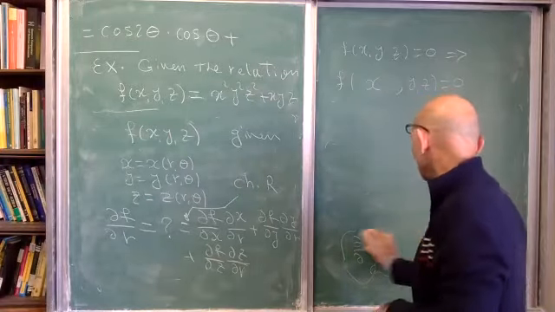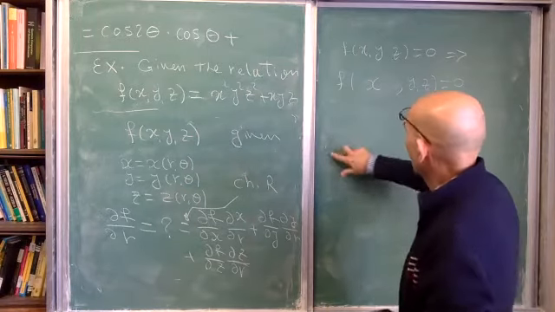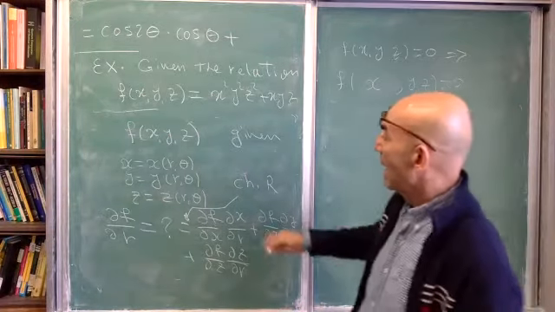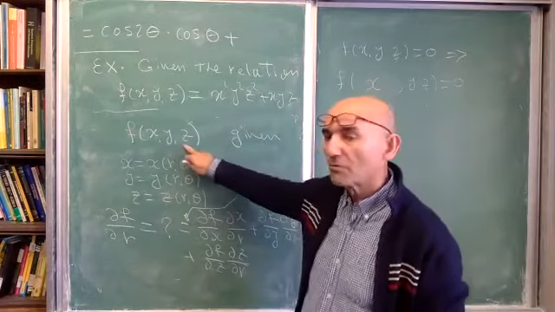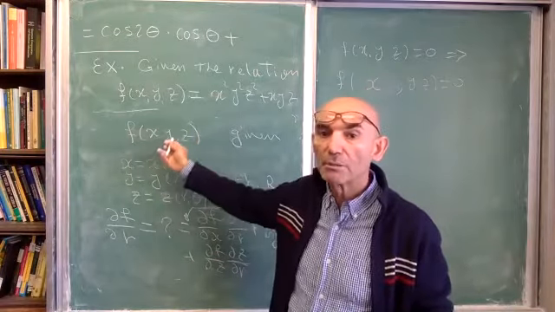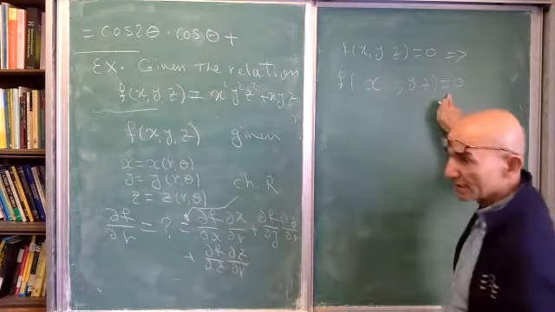So let me tell you. Okay, there are two facts. Now, in general chain rule, we were not told that f of x, y, z is equal to 0. This was a general function. But here I know that this is equal to 0.